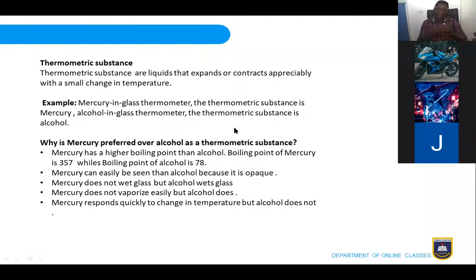The liquid inside the thermometer expands or contracts. When excessive heat is applied to that liquid, it expands. You know, heat causes expansion.